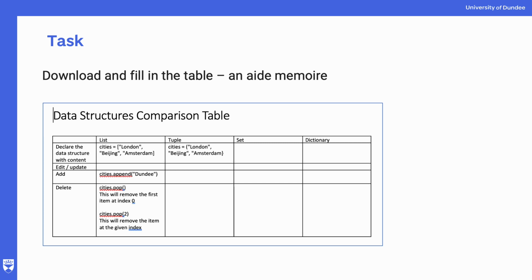So if you download a copy of the file, fill it in with the code, any notes that you want to take to explain how it works, something that will help you remember later, and then some example code, so that if later I come along and say, how do you create a list, you have an example ready to go. Or you decide, oh, I have all this data, I want to store it as a set. You have an example of how to do that, and you can replace that, put your own data in. So something to help your life later on, something to make life simple, but download that, fill it in, take any notes you need to, and that will be extremely useful as we go forward.